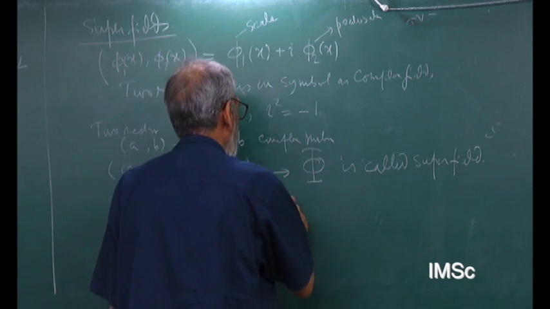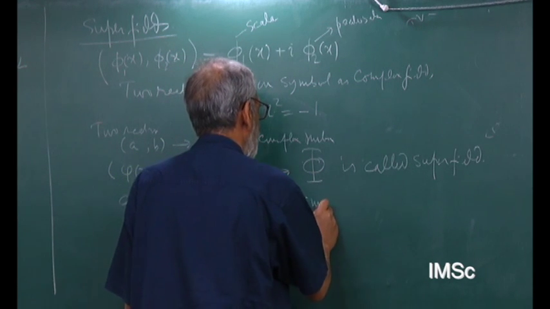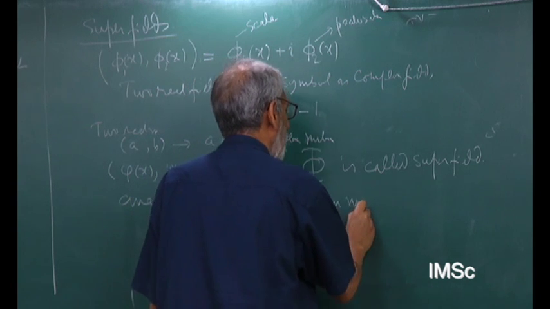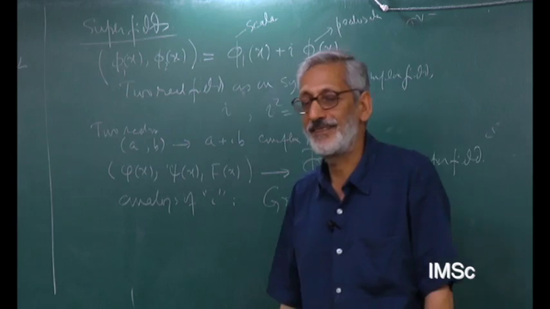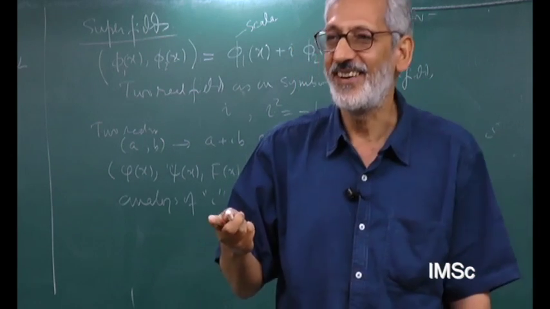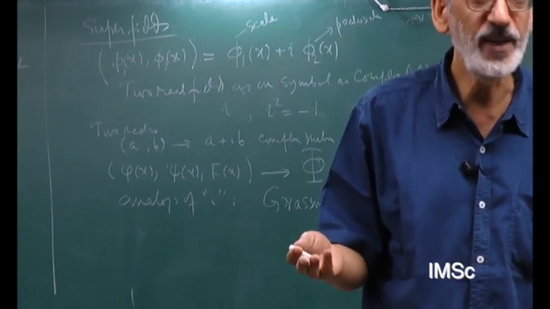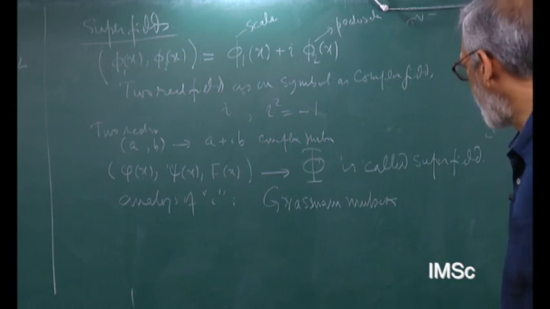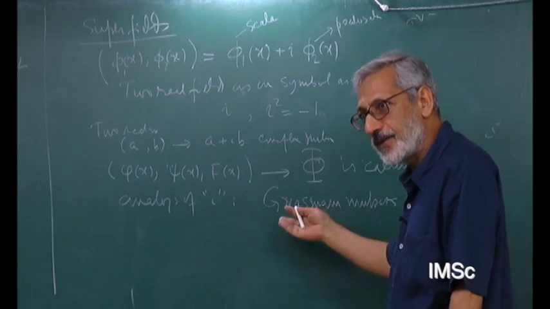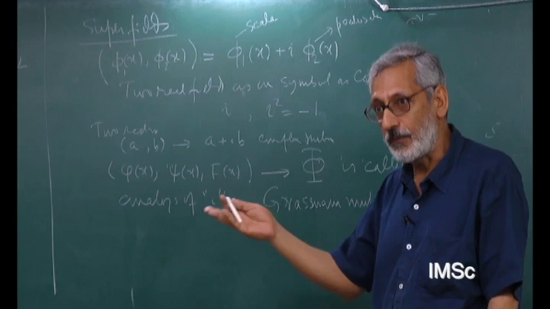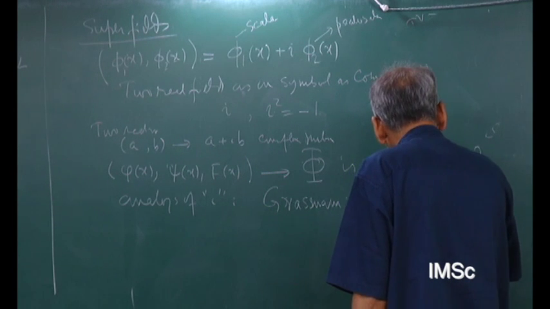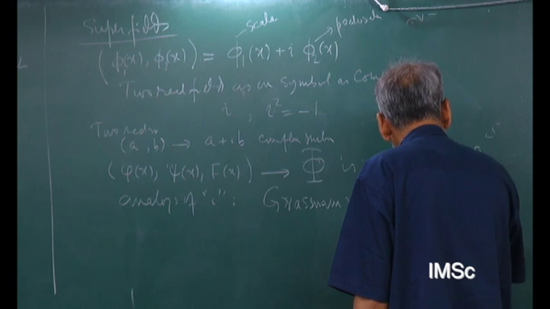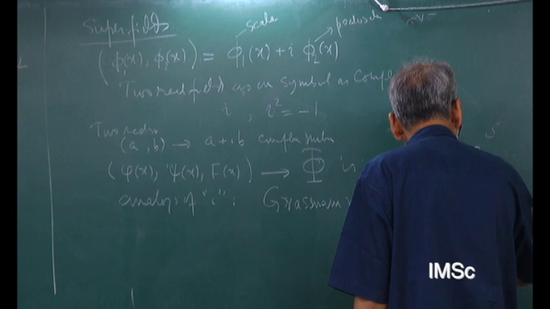We give them a name: Grassmann numbers. They are not really numbers, just as I was not a number and we gave a name, pure imaginary number. Here again, they are not really ordinary numbers, but they have some properties, so we just give them a name, Grassmann number, and a symbol: theta alpha and theta bar alpha dot.